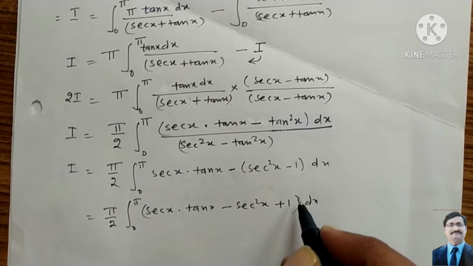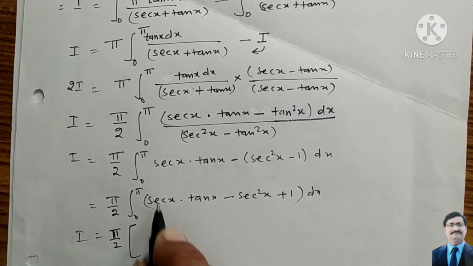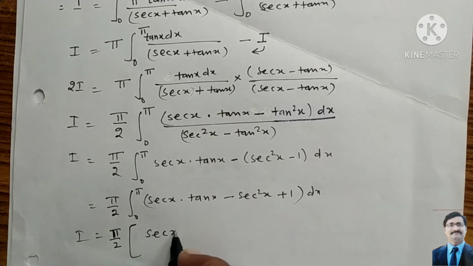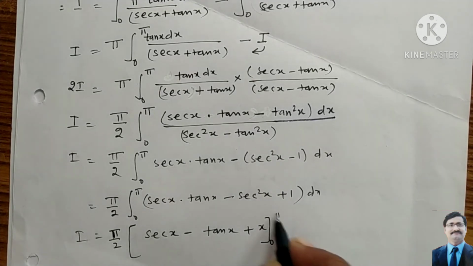These all integrals we have to do. The integral of sec x tan x is sec x, the integral of sec square x is tan x, and the integral of 1 is x, from 0 to pi.